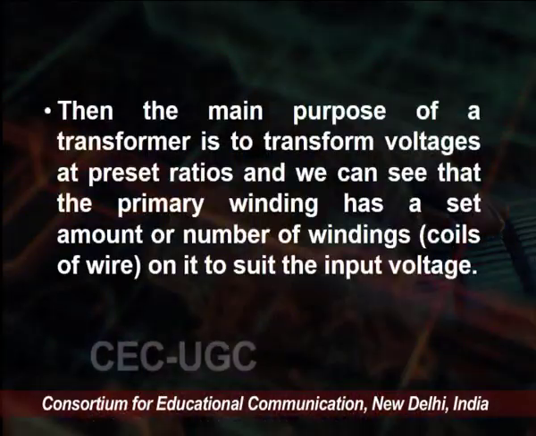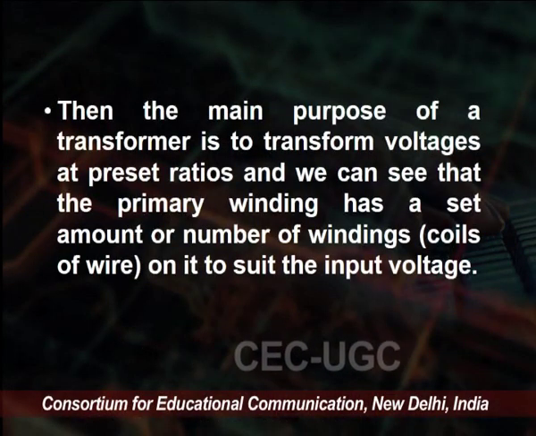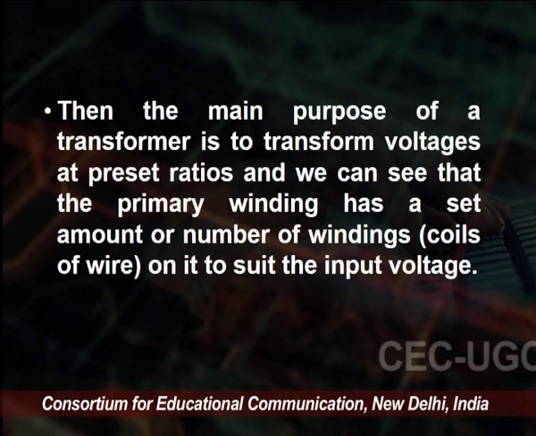Then the main purpose of the transformer is to transform the voltage at a preset ratio, and we can see that the primary winding has a set number of windings, that is a coil of wire on it to suit the input voltage.